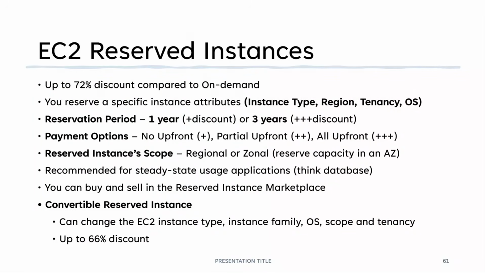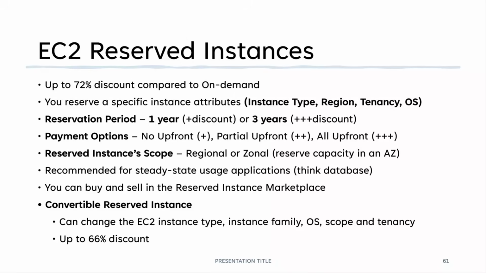Convertible reserved EC2 instance means that you can change the EC2 instance type, instance family, OS, scope and tenancy. The thing is, with normal EC2 reserved instances, you are fixed with that particular instance type, region, tenancy and OS. You have to use that for your commitment period. But with a convertible reserved instance, you can change the instance type or instance family.